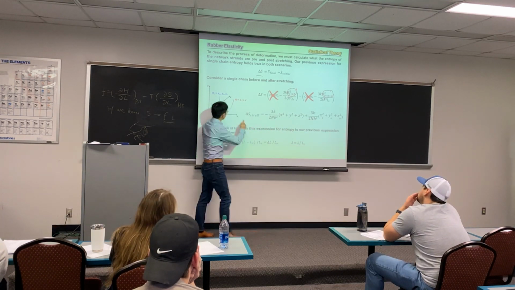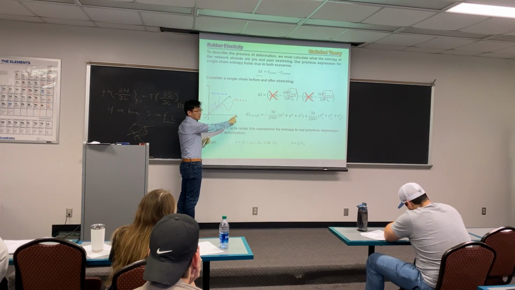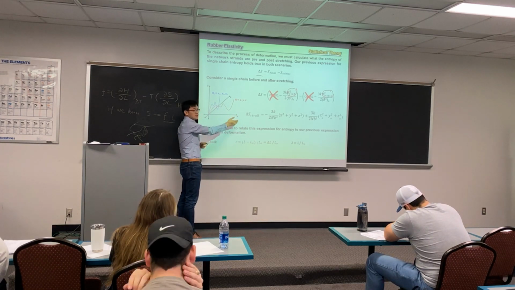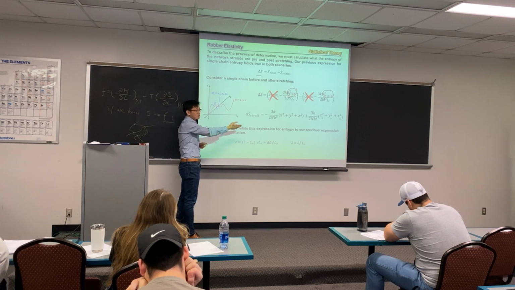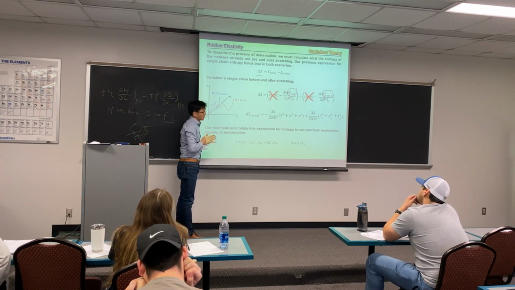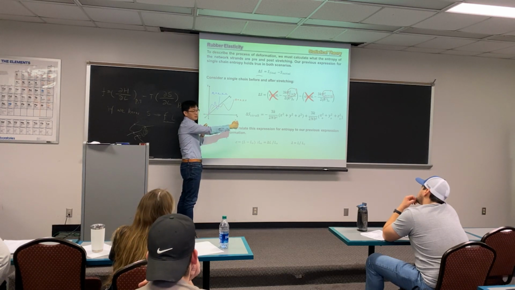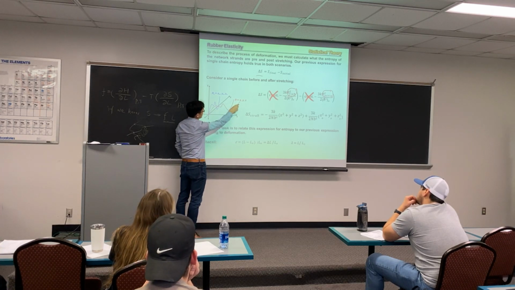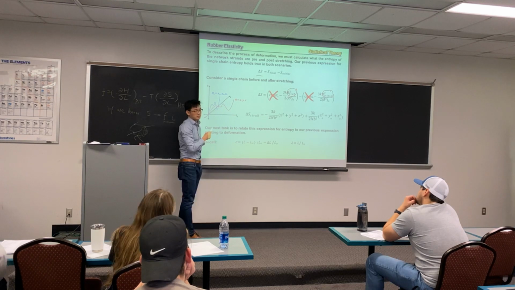So if your sample is pulled in the x direction, being deformed by a draw ratio of lambda, let's say lambda is twice of lambda 0, that means your sample is twice as long. You can calculate that x will be twice of x0. That's right?